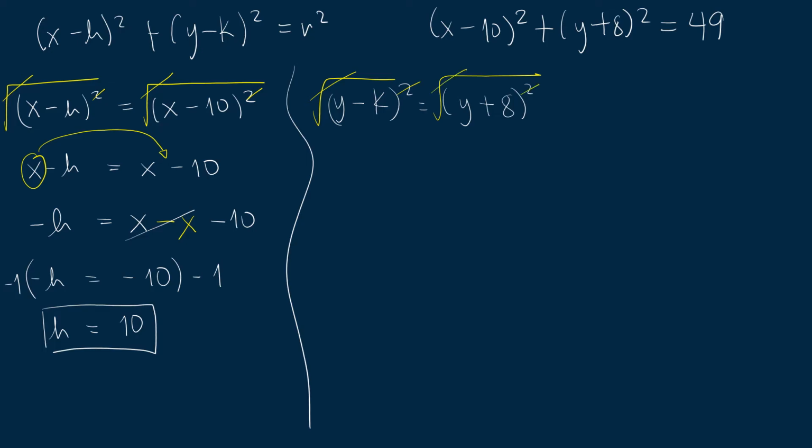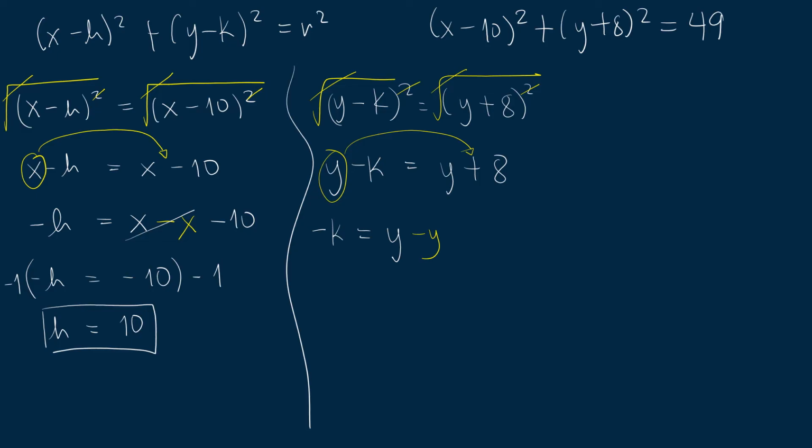The remaining terms are y minus k is equal to y plus 8. Doing the same process as with h, I will transpose the variable y to the right side. So it will become negative k is equal to y minus y plus 8.